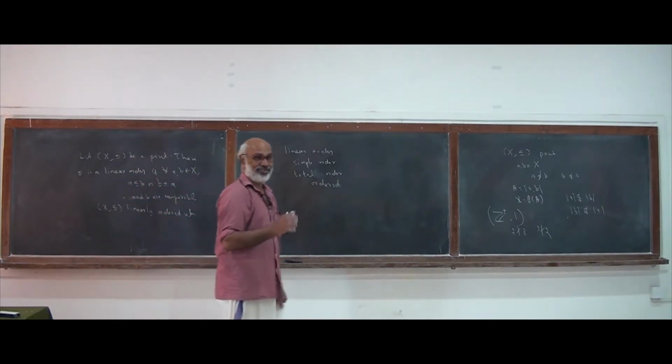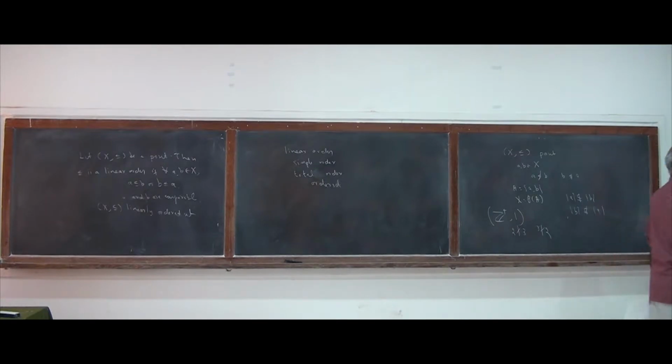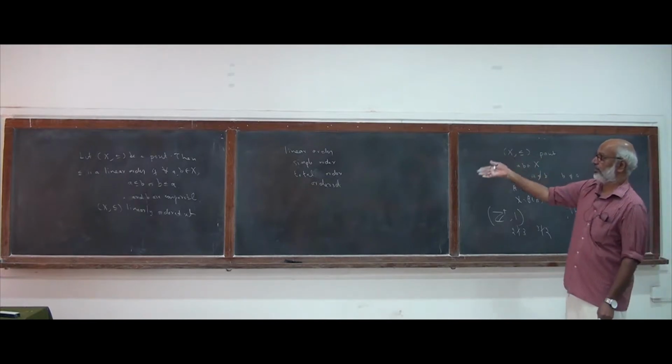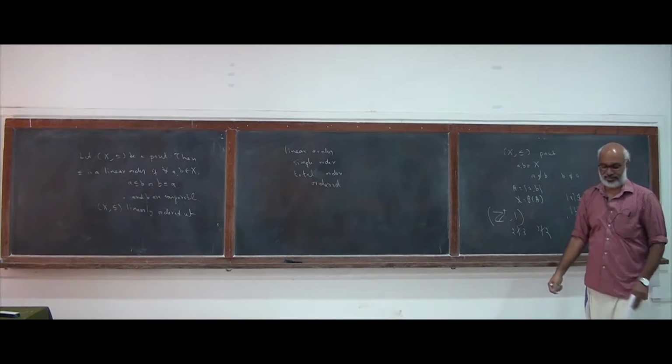So depending on the book you are referring to, you can see all these various terminologies. Some people call it linear order, some simple order, some total order, or even order. And correspondingly, linearly ordered set, simply ordered set, totally ordered set, and ordered set.